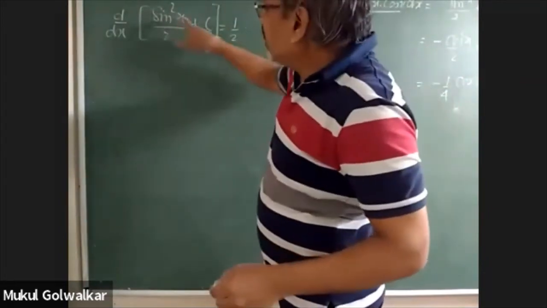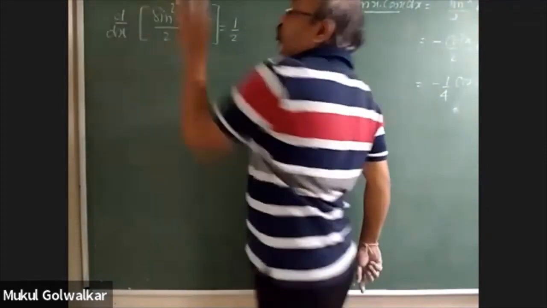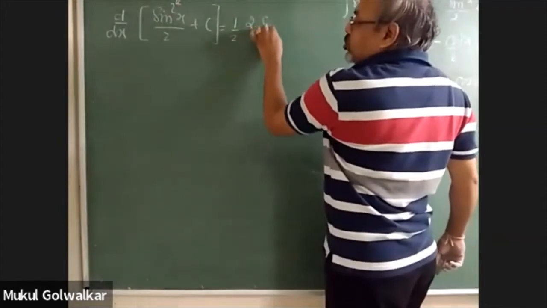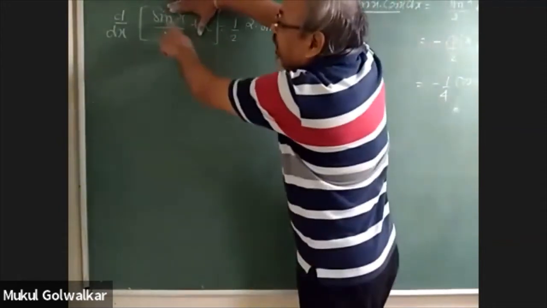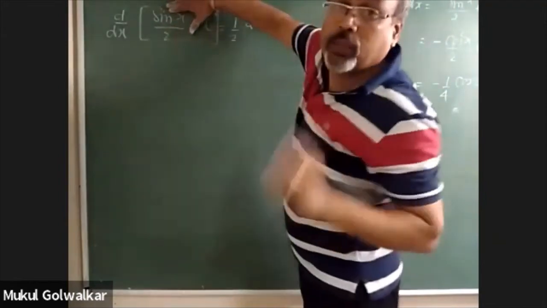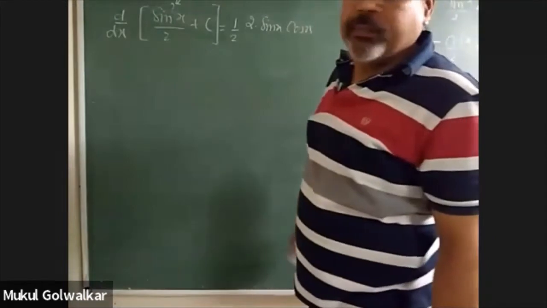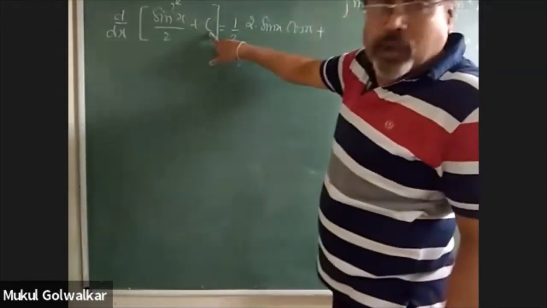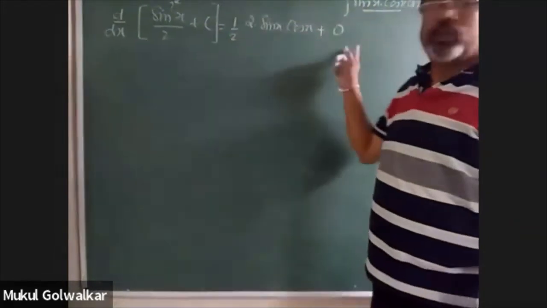Then for sin square x, first the highest power of the trigonometric function should be differentiated, so I write 2 times sin x. After differentiating the power, sin x is left, and the derivative of sin x is cos x. Plus, the derivative of the constant c is equal to 0.